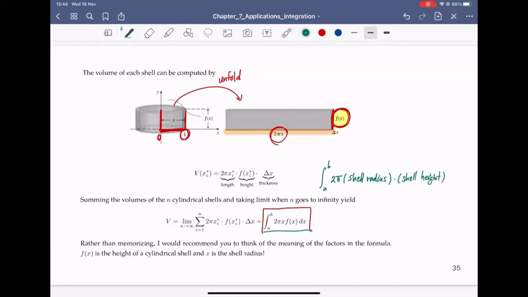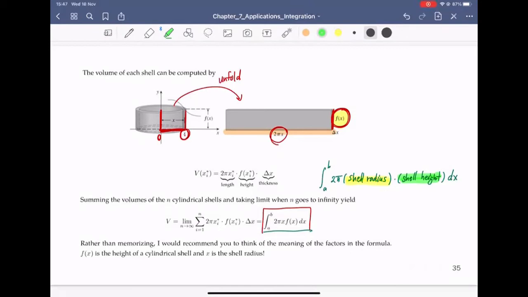This can be dx or dy, depending on you. Every time you want to use the shell method, you have to figure out your shell radius and your shell height. Once you get these two, you just plug them into the formula 2 pi times shell radius times height, with dx or dy, because you have to cut parallel to the axis of rotation.